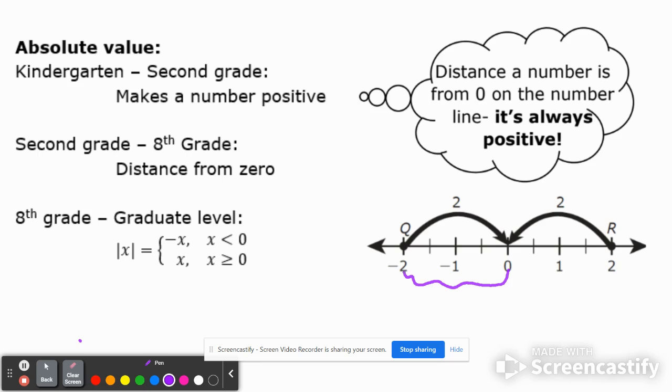I say 8th grade because a pre-AP 8th grader would be taking algebra. In algebra, students might start seeing these. The absolute value has the same definition, just a little more technical. It says negative x if x is less than 0, and x if x is greater than or equal to 0.